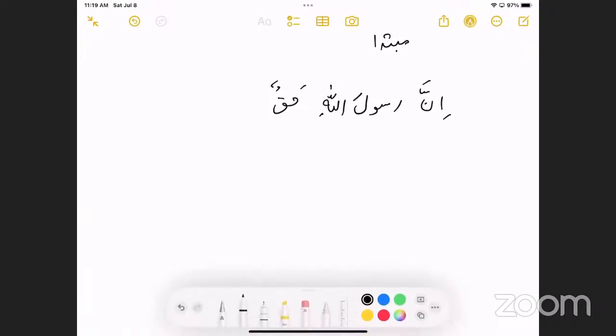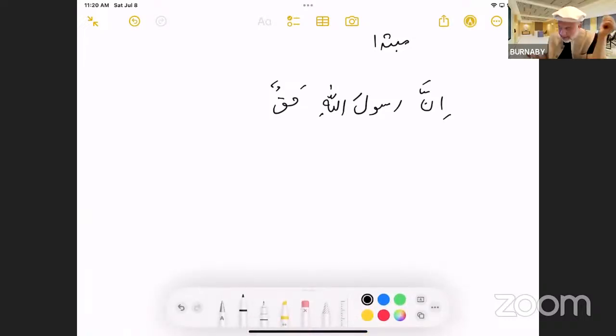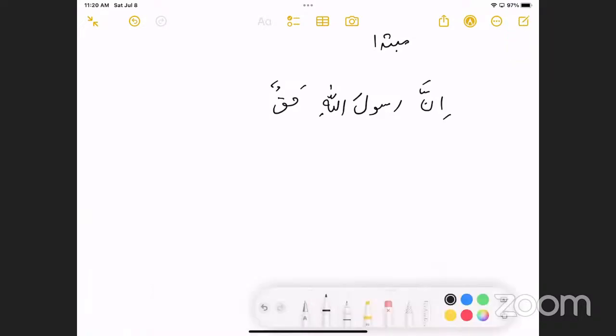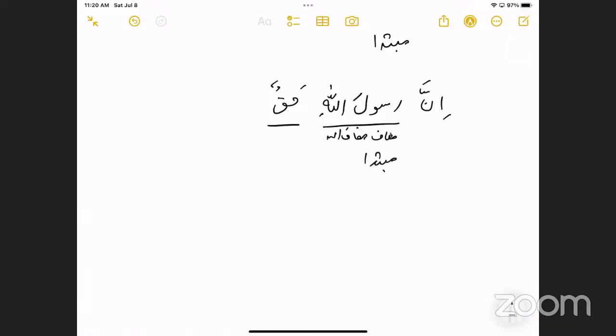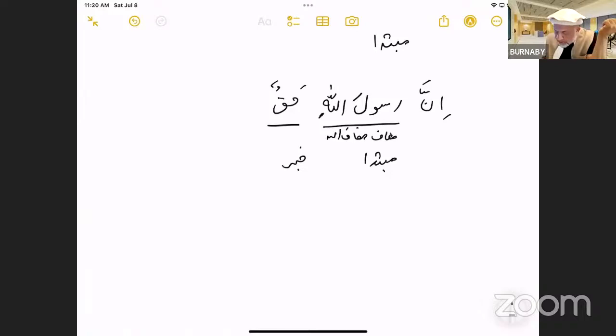Rasulullahi haqqun. Is this still mudaf, mudafun ilayh? Yes. Is this still my mubtada? And is this my khabar? So what happened to the status of Allah here?